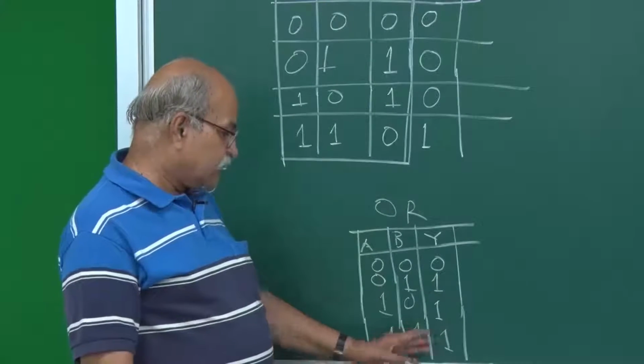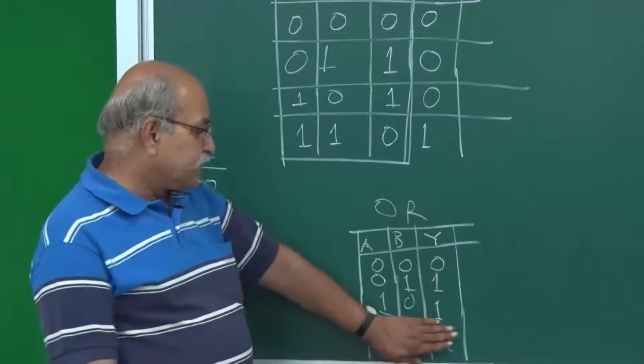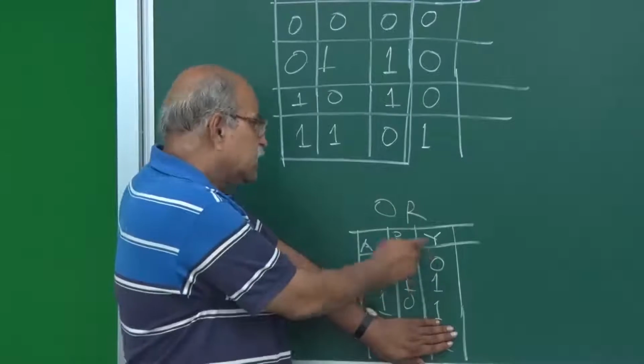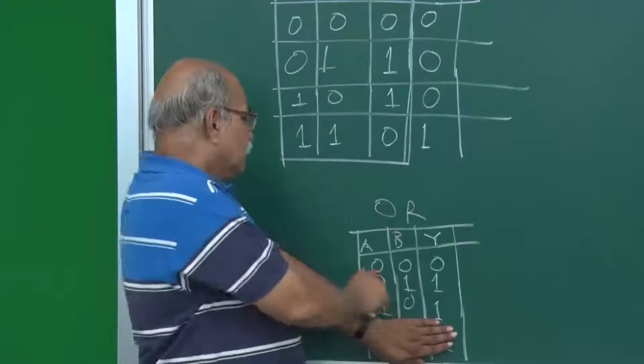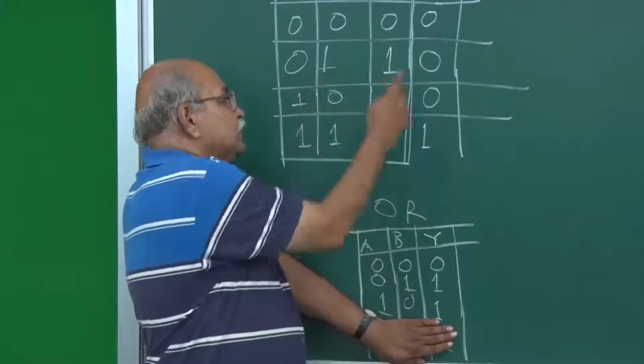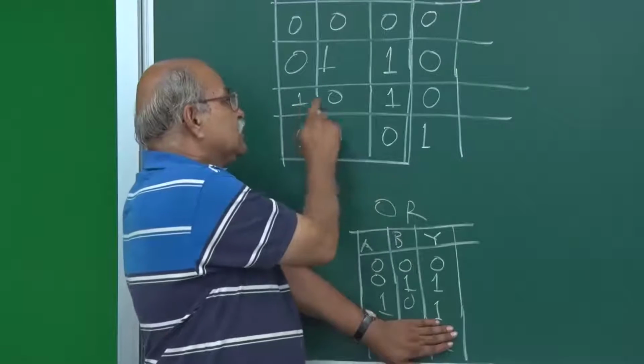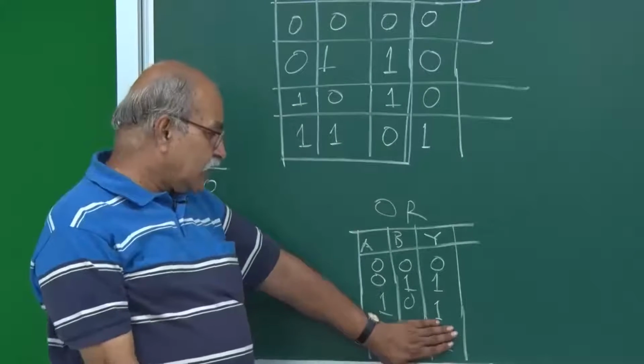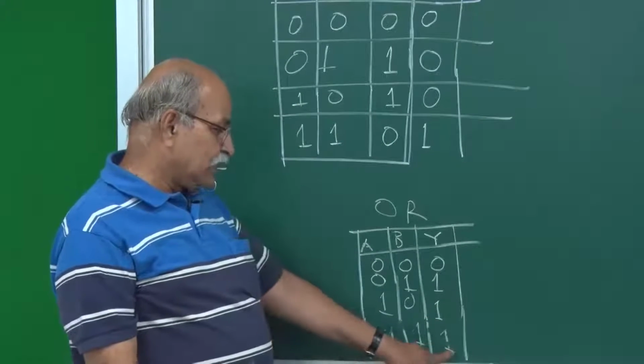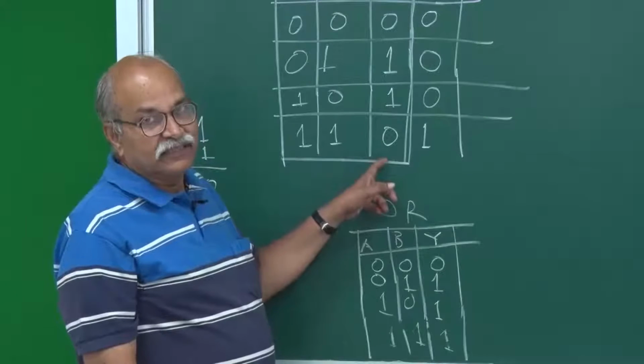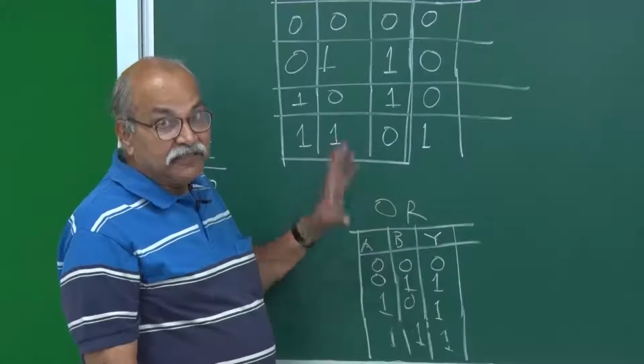Both of them are 1, then also it is 1. So, up to here if you compare, 0 0 is 0, 0 1 is 1, 1 0 is 1. But then the last line, 1 1 is 1 here, and here 1 1 is 0, that is a difference.